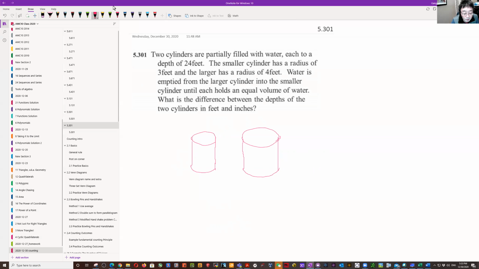This one has radius 3, the other has radius 4, and the depth is 24.